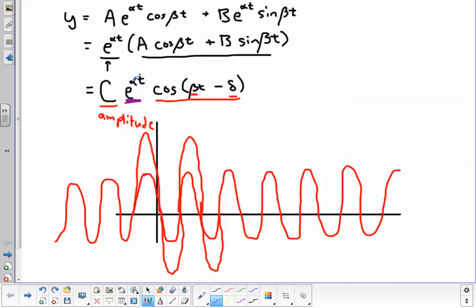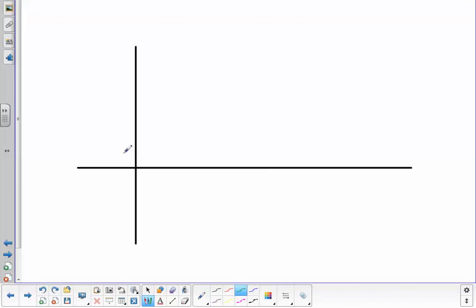Now, let's assume this is a positive exponential. So we have this behavior for the c and the cosine, and now we're multiplying that all by a thing that's growing exponentially. So what will happen there is, and I think I need a fresh page. Here's that growing exponential, and that is what we're multiplying that up-down trig function by.